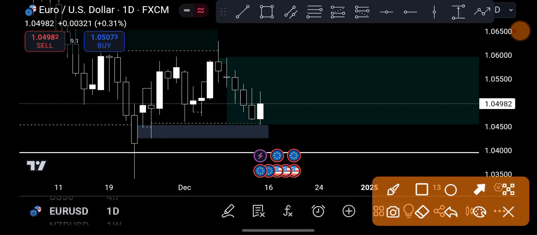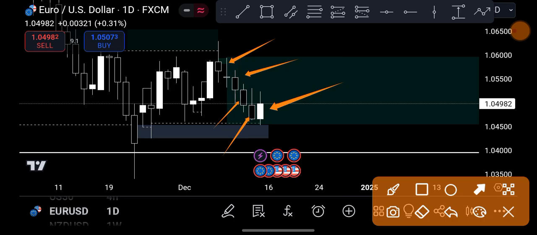Now I marked the weekly candle. What can you see here? We have this candle for Monday, Tuesday, Wednesday, Thursday, and then Friday, which will close when the market opens, when the new candle is about to be created. But we know that it's closed because we are done for the week.